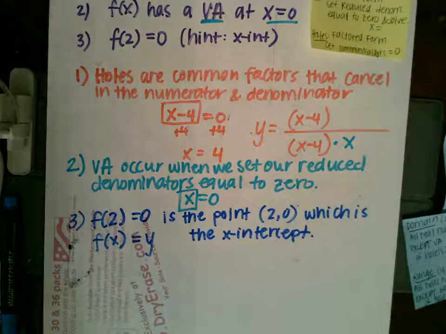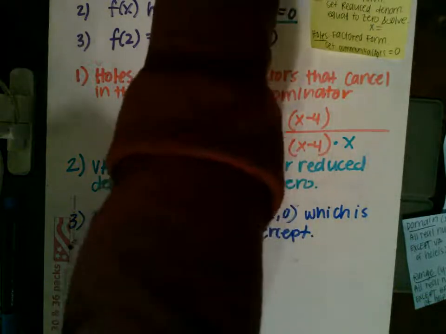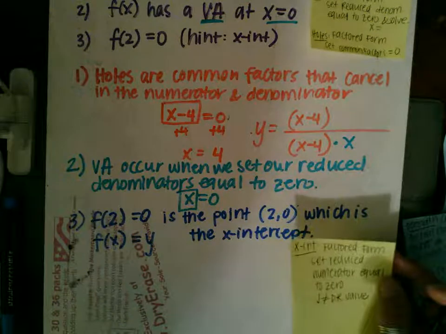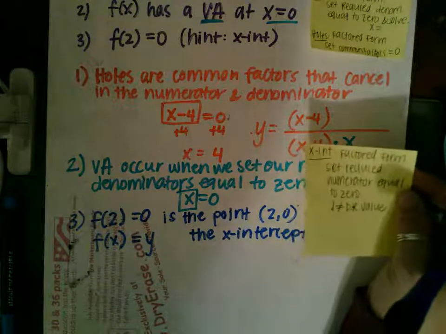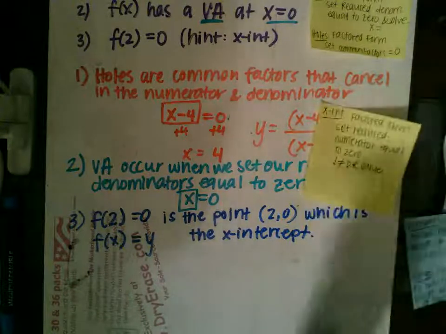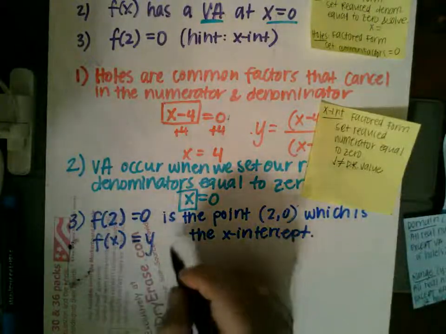That is the x-intercept. And we know that x-intercepts were also in factored form. We set the reduced numerator equal to 0, or you set y equal to 0.